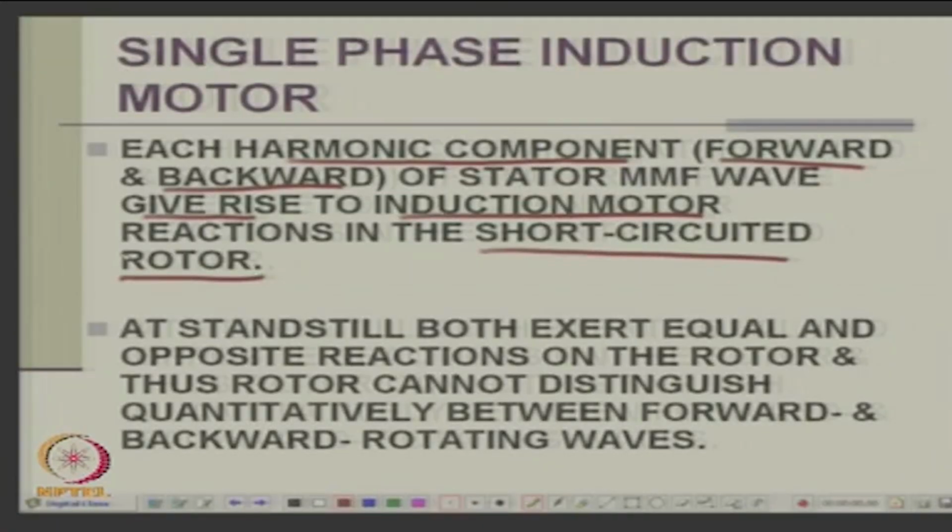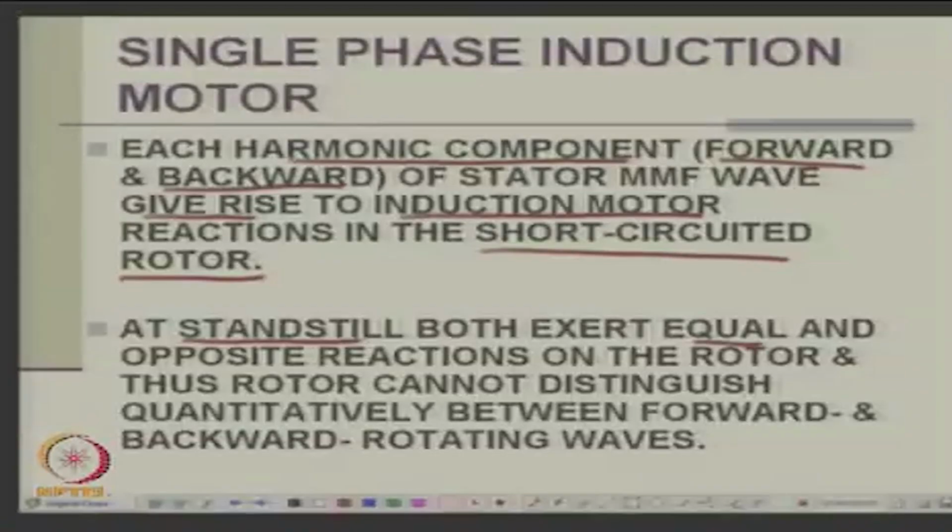But each of the fields will react with the rotor. Rotor we are taking squirrel cage only. Fortunately we have not done anything with the rotor. Rotor is a squirrel cage short circuited rotor. Each of the fields will induce currents in that. They are impartial. So, each of the air gap stator MMFs will induce a current into the rotor. They will react, and it will produce its own flux, MMF excitation and its own forward flux.